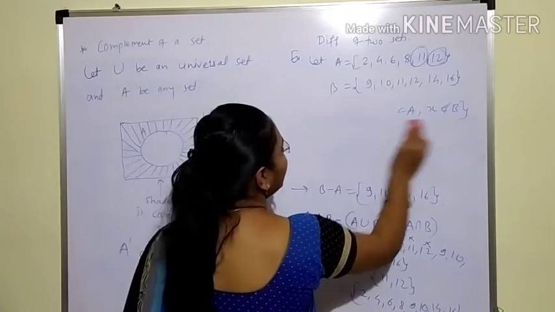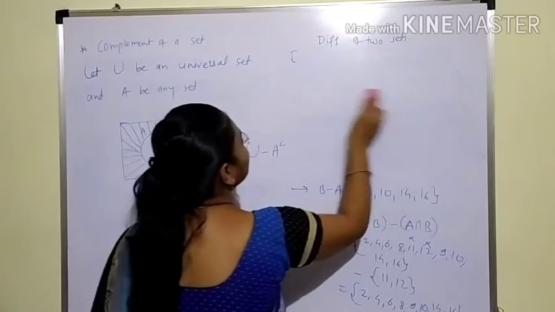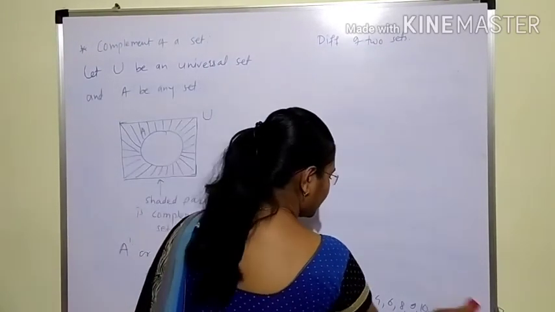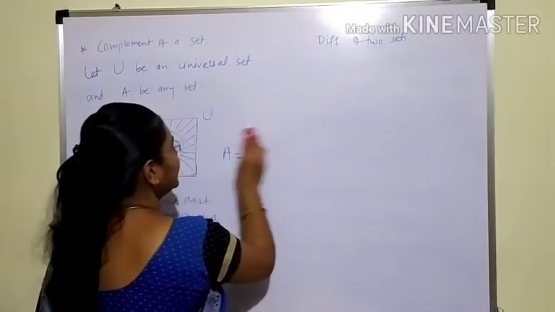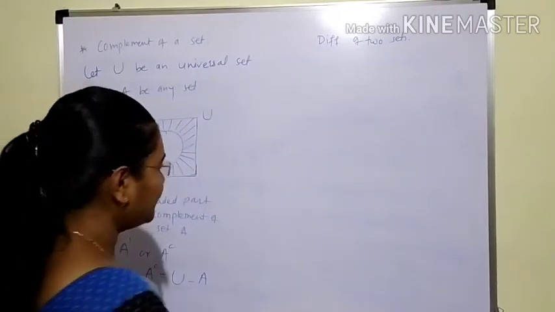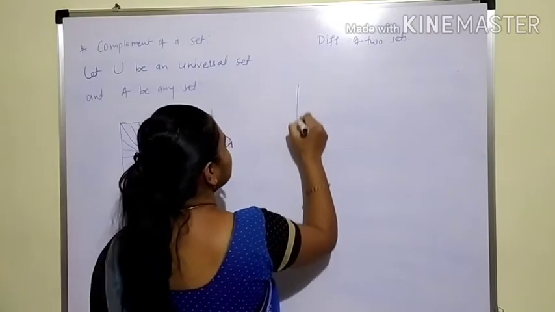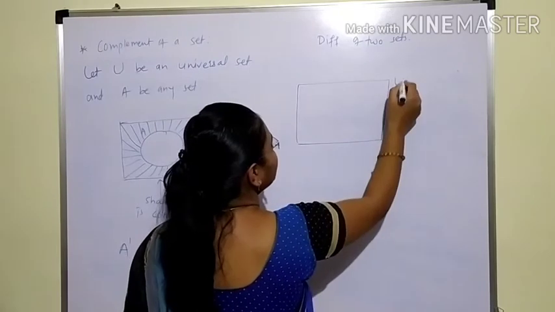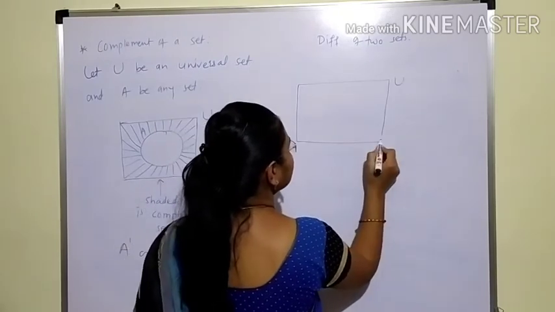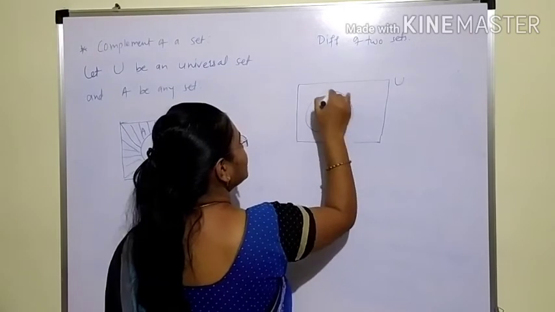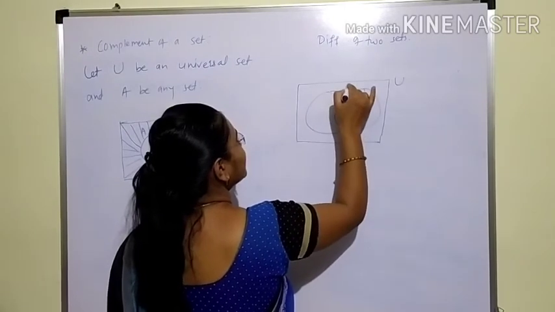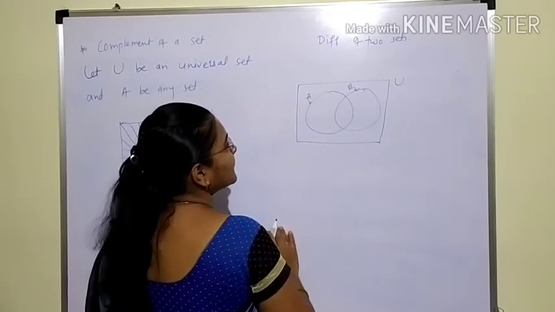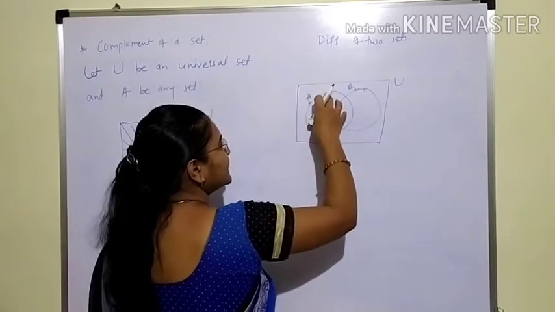So if A and B, any two sets, are there in the universal set, how can we write the complement? Suppose in this universal set U, if this is set A and this is set B. Now students, here A set is there.